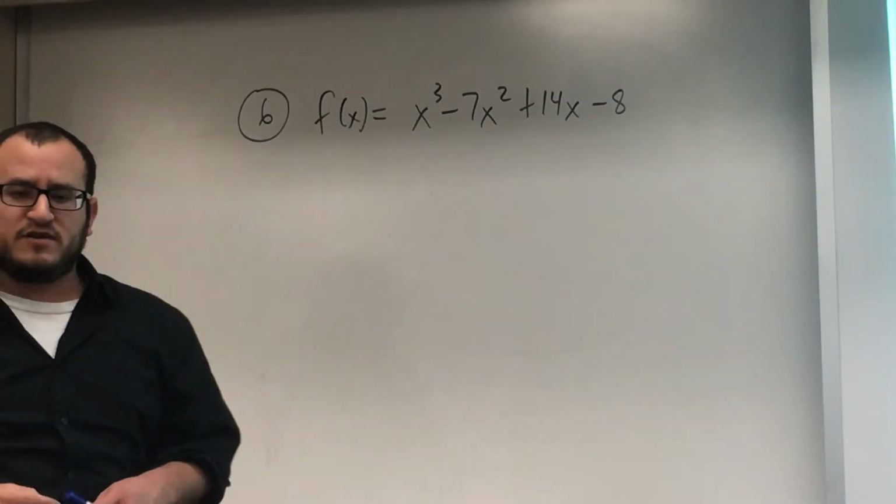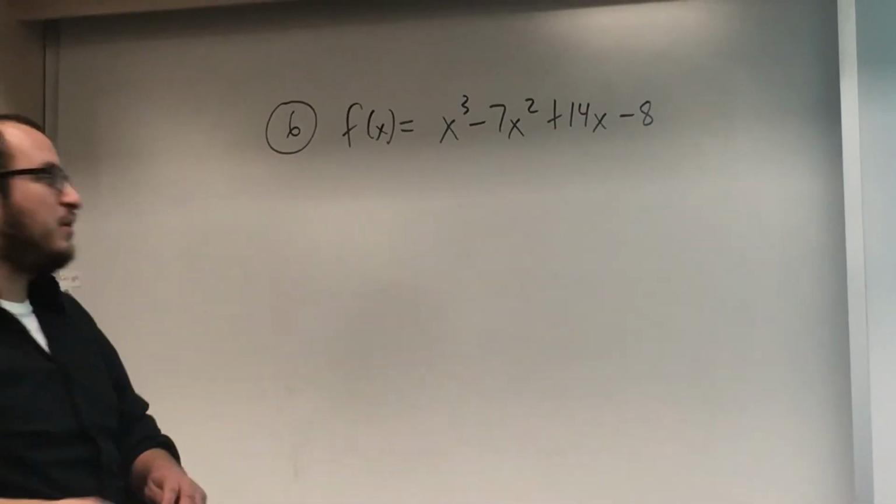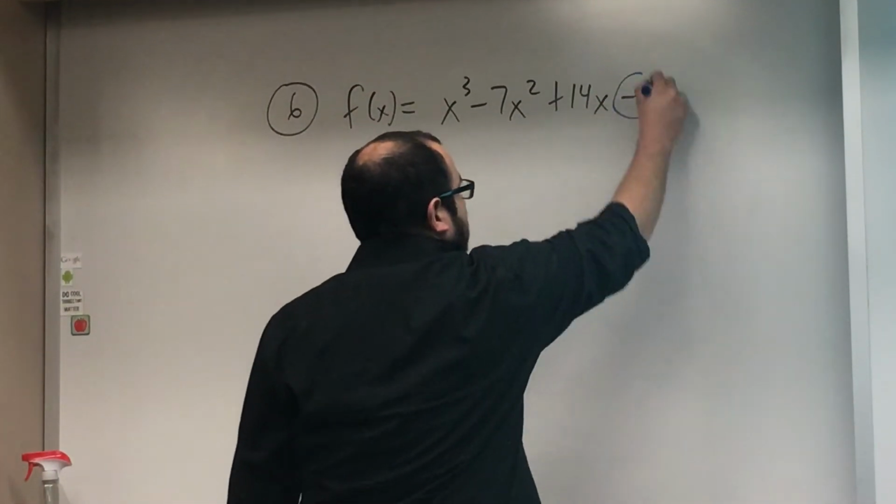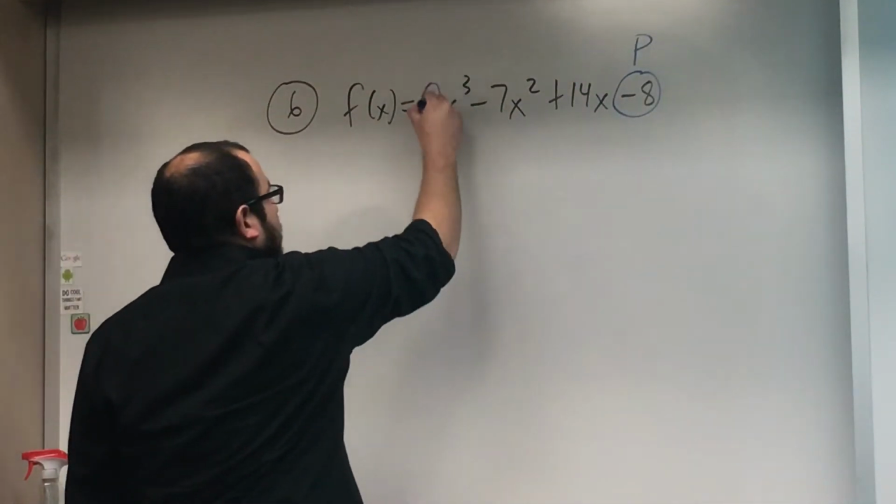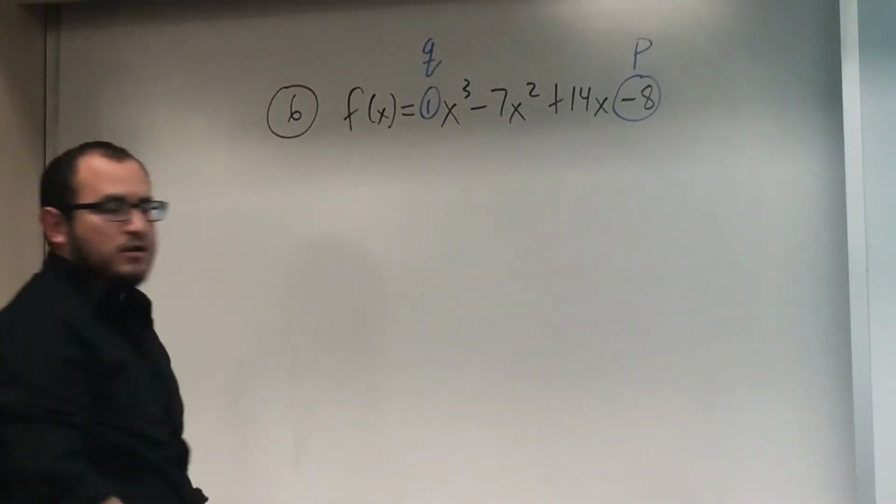Your first step is to tell me what P and Q are. So P is -8. Q again is 1, which is our leading coefficient.